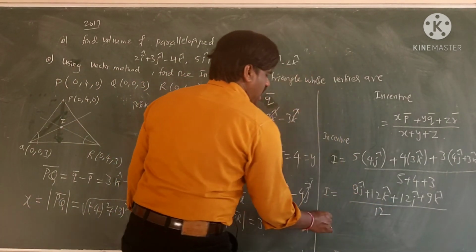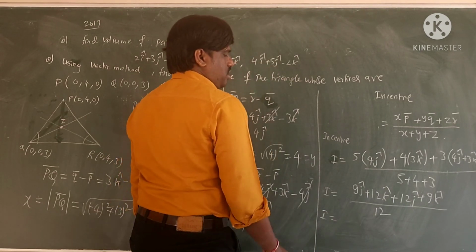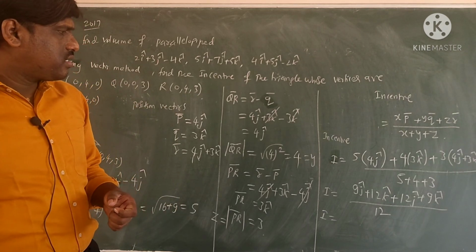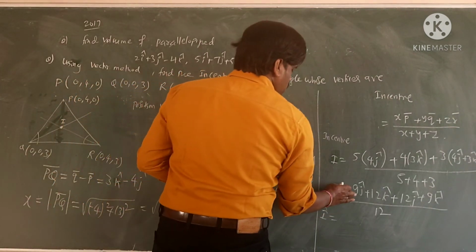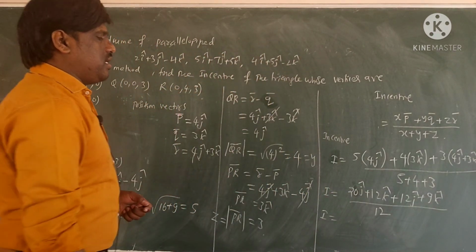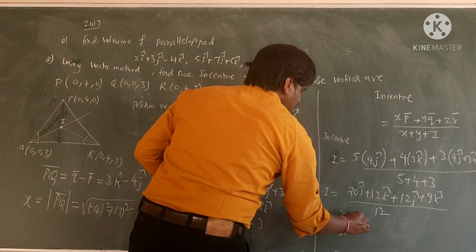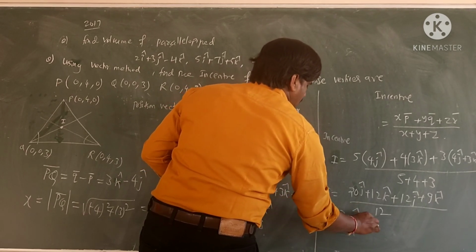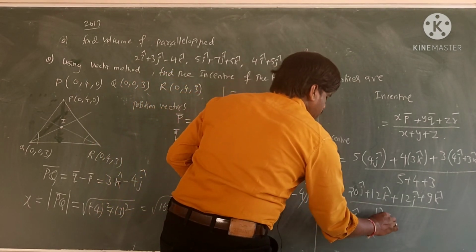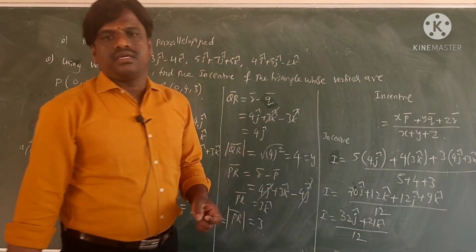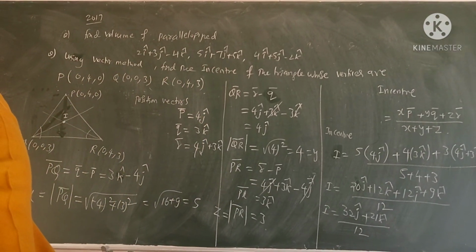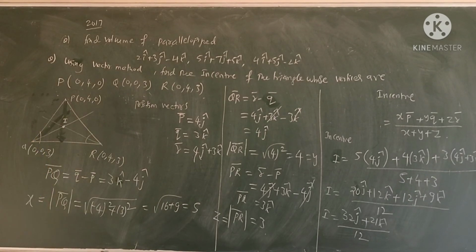So what do I get here? 12 plus 9. 5 fours are 20j. 32j cap plus 21k cap divided by 12. That is simplified. Cancel it and simplify, that is the final answer.